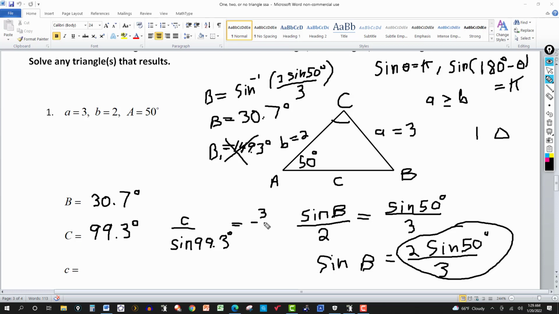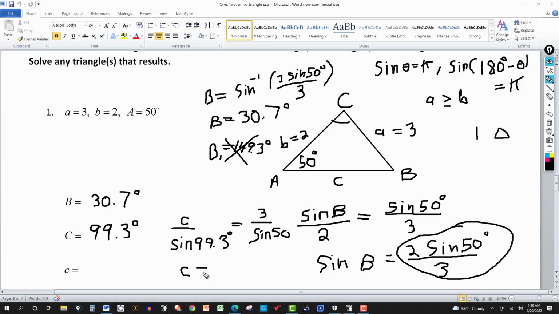over the sine of 50 degrees. So we want c. So basically we multiply both sides by the sine of 99.3.